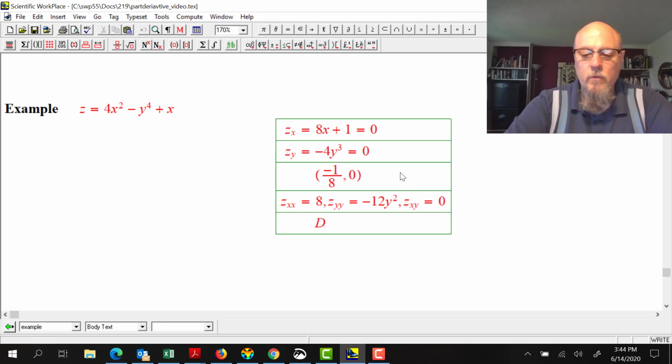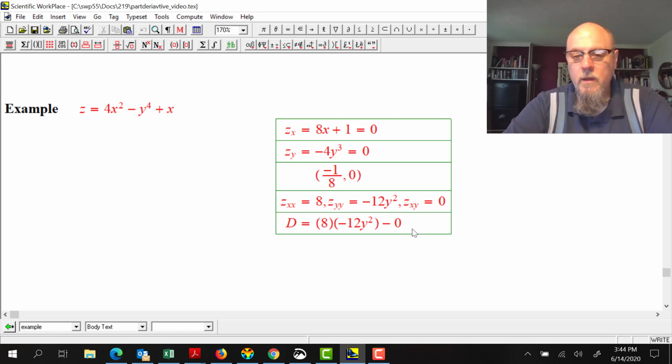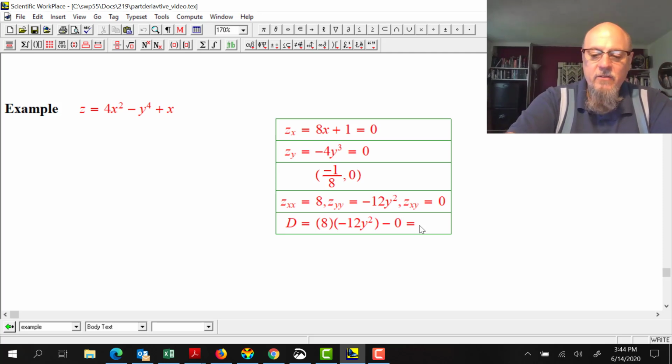So then D is equal to this value times this value, z sub xx times z sub yy minus 0. And we want this evaluated at the critical point. So I need to plug this in. And when I plug this critical point in, I get 0.